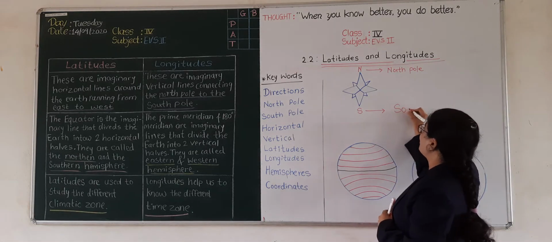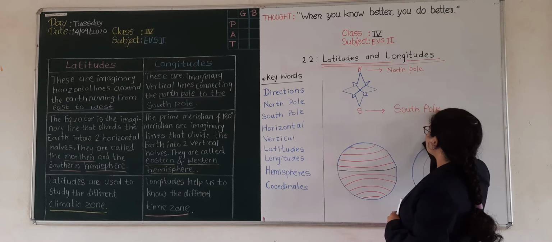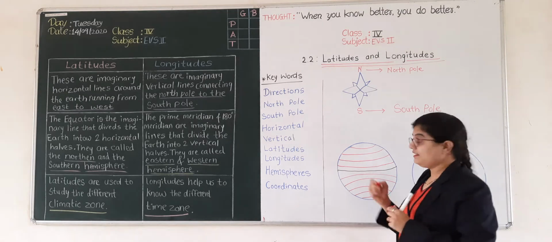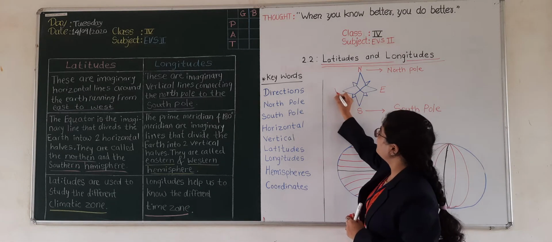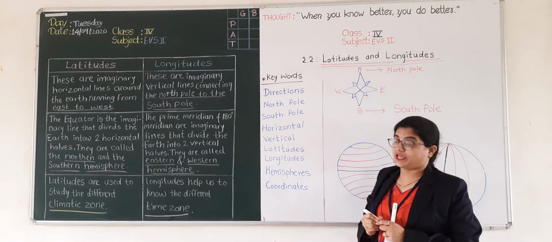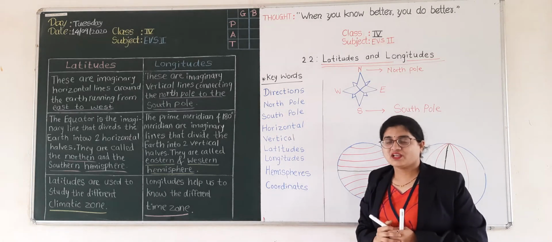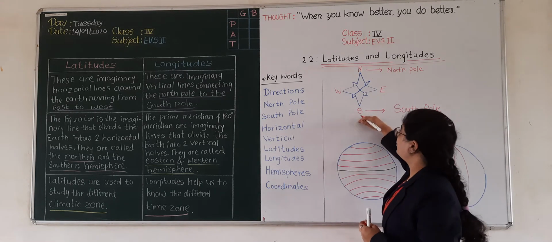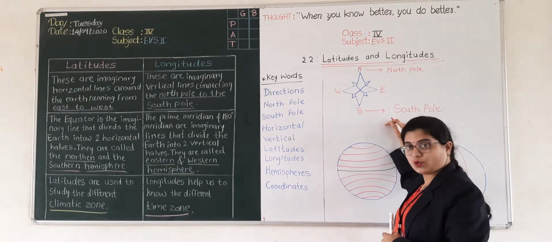What does it show? South Pole. And here east and west. Understood? These are the 4 main directions, and these are the 2 main poles, that are North Pole and South Pole.